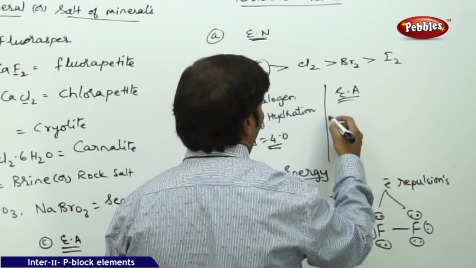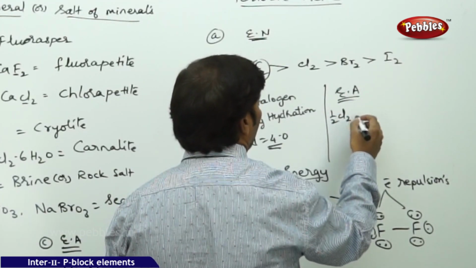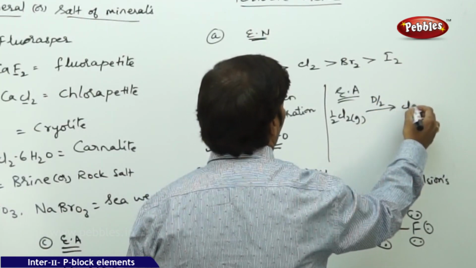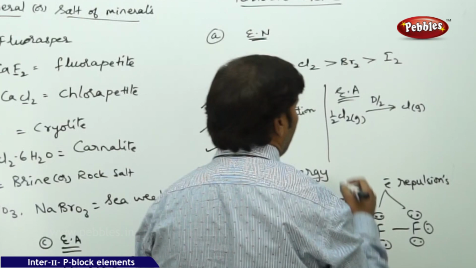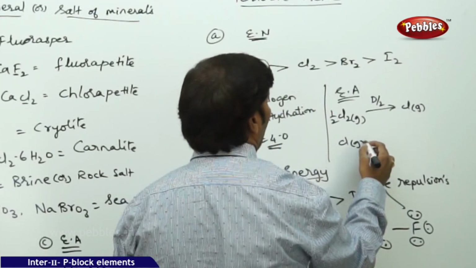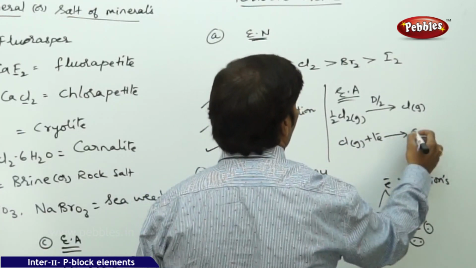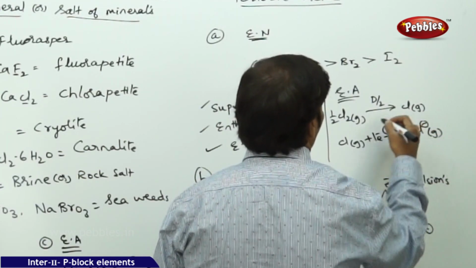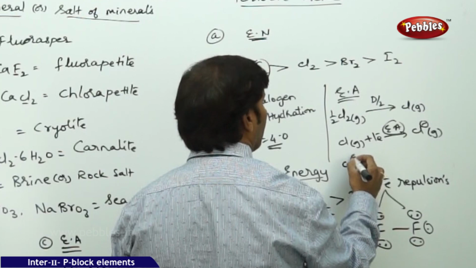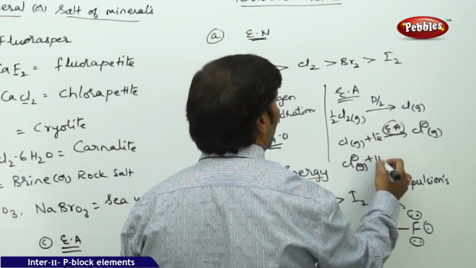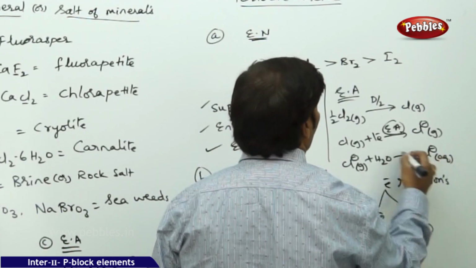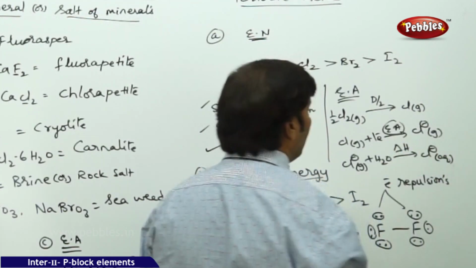Take half a mole of chlorine gas; by supplying bond dissociation energy, it becomes atomic chlorine gas. This atomic chlorine gas gains one electron and forms the uninegative gaseous ion. This is electron affinity. Then this uninegative gaseous ion, when dissolved in water, becomes Cl minus aqueous. Therefore enthalpy of hydration is involved.